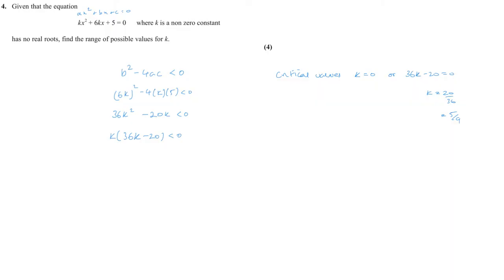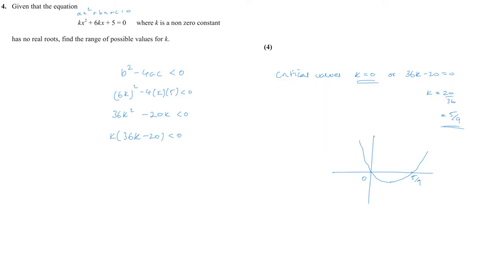And it's a k squared, so it's a quadratic. Okay, so it's going to look like this. Oh, it's very badly drawn. Let me redraw. It was only a sketch, but so this is my 5/9 and this is my 0 for these two values there.